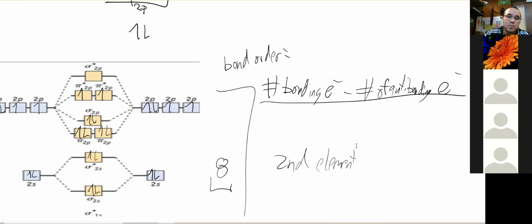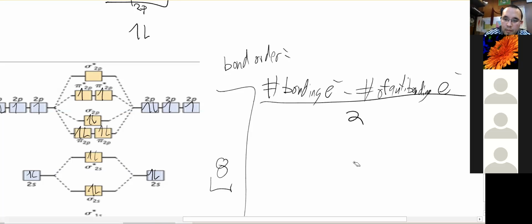So bond order is measuring the same thing that we used to measure with resonance. This one's just a little bit different because instead of doing all of our resonance structures, we're really just talking about them as being bonding or anti-bonding. So we're going to divide this whole thing by 2. So when you do the resonance, you do that only for Lewis structures?